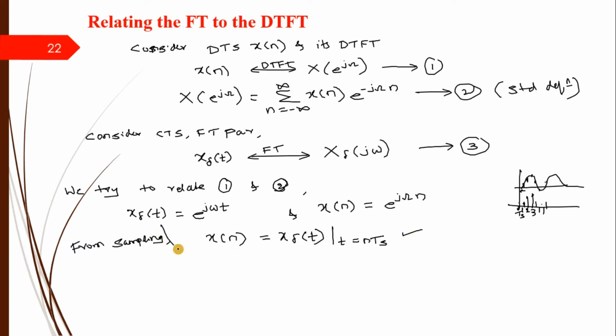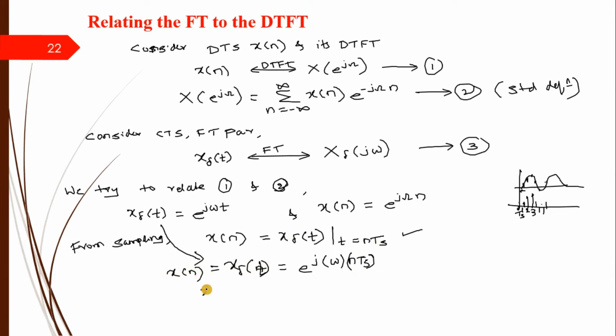So to proceed with what we had earlier written, x of n is equal to x delta of t, which is nothing but e raised to j omega (n ts). I should have placed brackets here. In place of t I'm writing n ts according to this equation, so it is nothing but x of n itself.